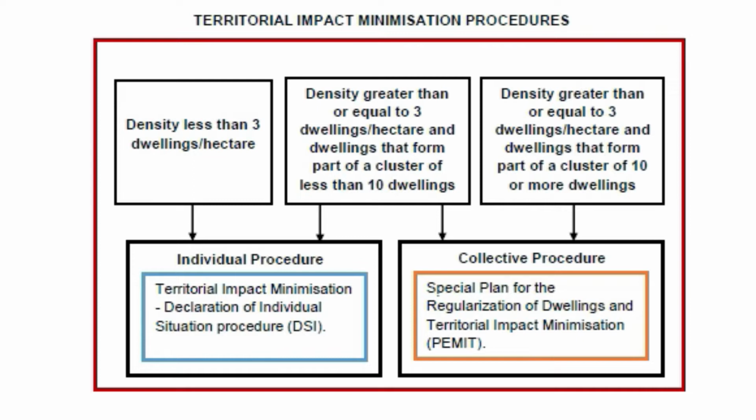At the moment, it's exclusively related to the construction density. That's the number of constructions, the number of buildings within a certain area, and that area being 10,000 square meters, a hectare. So the criteria being 9 constructions or less in a hectare is an individual declaration.